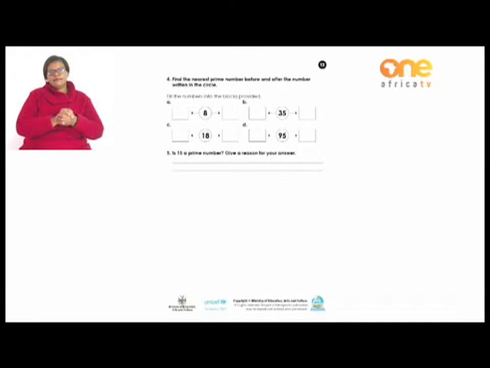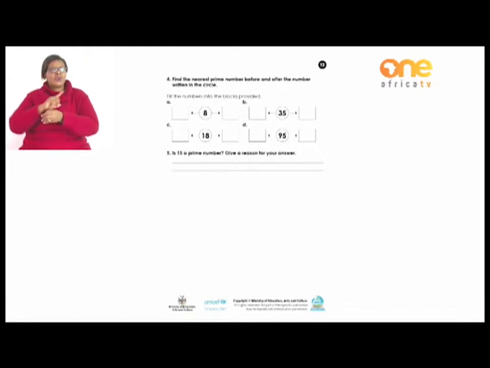Let me just help you a little bit there at A. The nearest prime number before 8 will be 7. Are you getting it? But the nearest prime number after 8, be careful, is not 9.